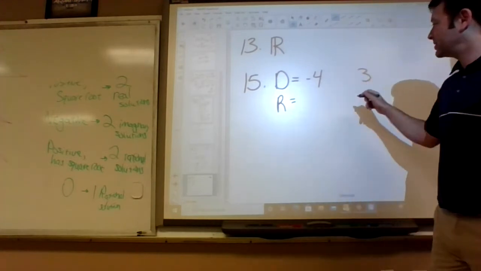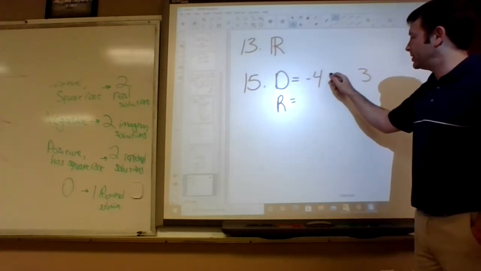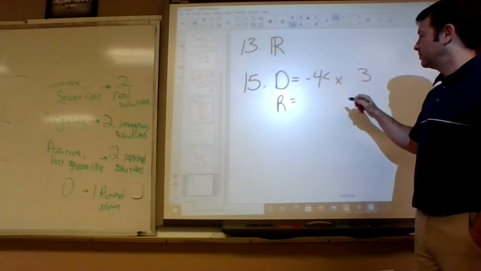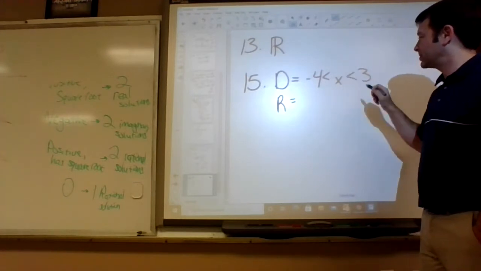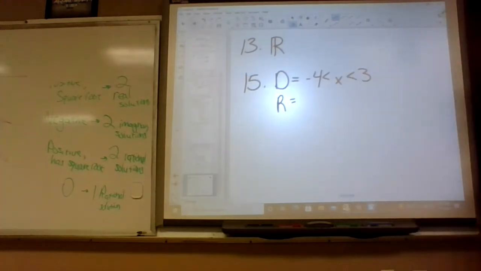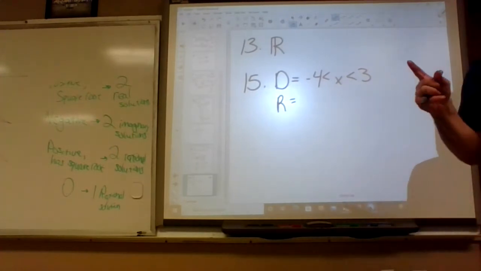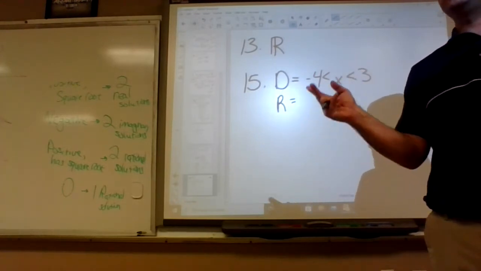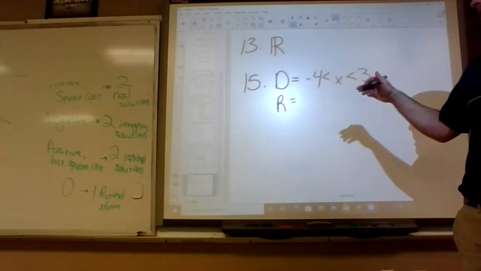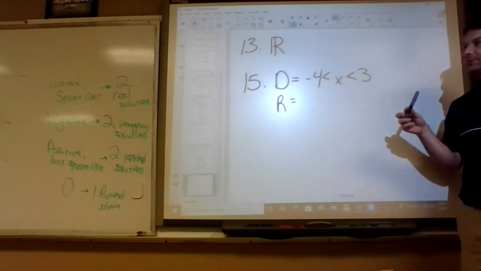So x can be bigger than negative 4 and less than 3. So it's got to be all the numbers in between. You just say what's the smallest it can be, what's the biggest it can be, and then it can be anything between these two.